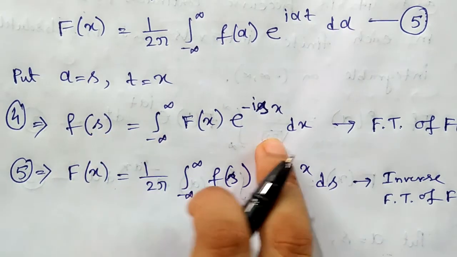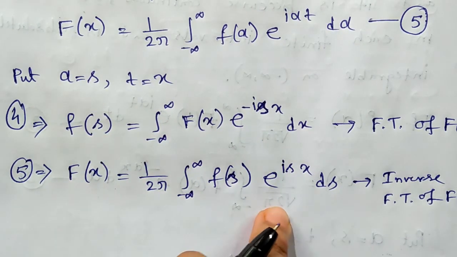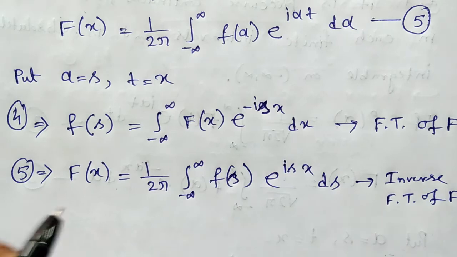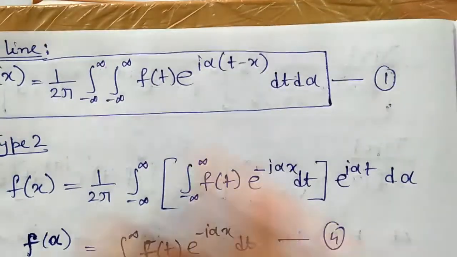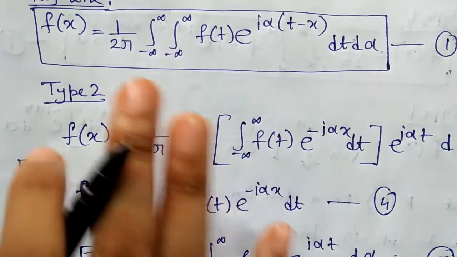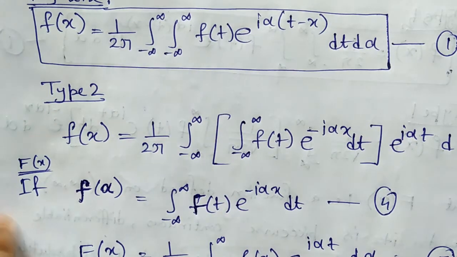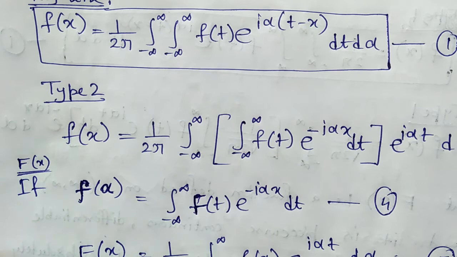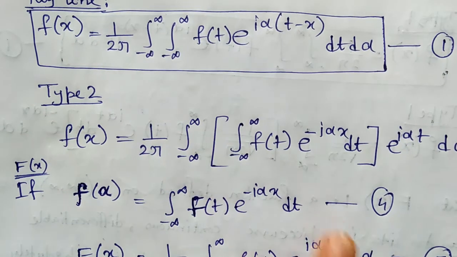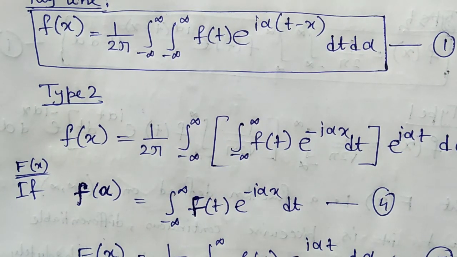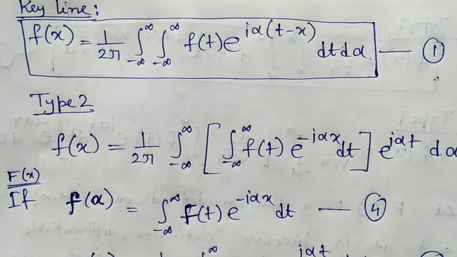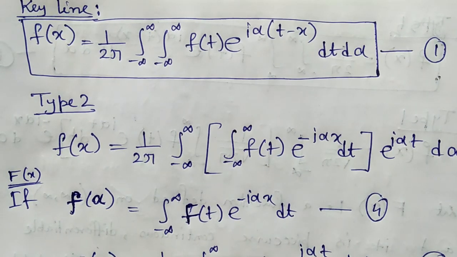Now see, I have used these formulas. This is type 2. Now this is our key line. You can generate a type 3 formula. You choose 2 pi anywhere you want. So in this way these Fourier transform formulas are generated and each of them is correct.